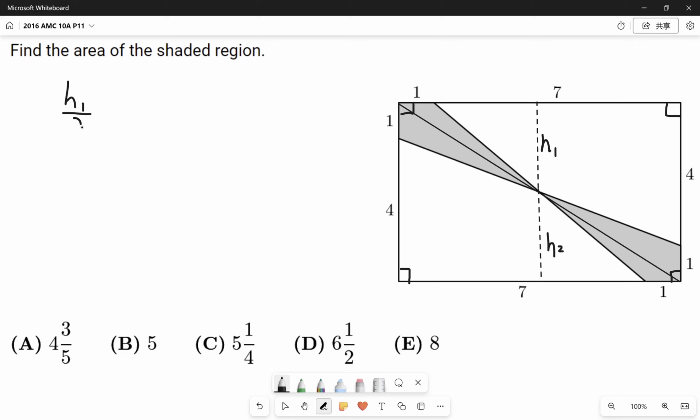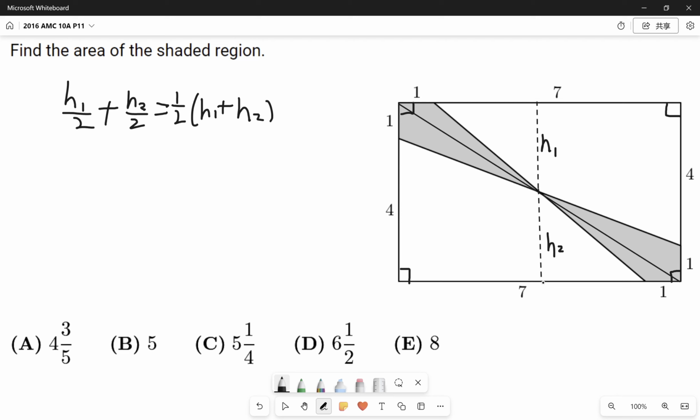So the area of our triangles is going to be H1 times 1 over 2 plus H2 times 1 over 2. So base times height over 2. So this is just 1/2. If we get the factor of 1/2 out, we have 1/2 (H1 plus H2). However, luckily we know H1 plus H2.